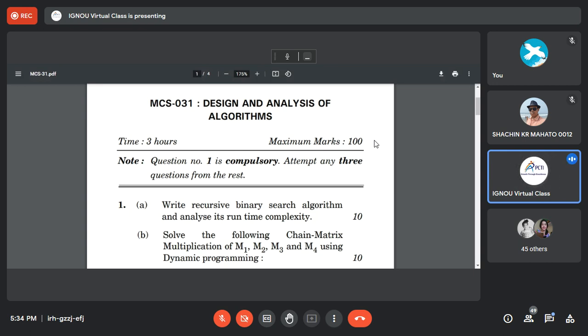That means you write the binary search algorithm, then the recursive equation for it, and after that the runtime complexity. Define all 3: best case, worst case, and average case.